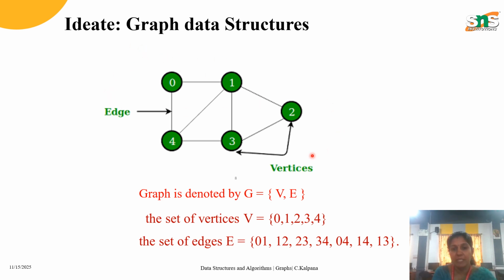So this is the representation of the graph ADT. So here 0, 1, 2, 3, 4, these things we call as vertices, and the line between these vertices represents the connection. So here we call it as edge of the graph. So edge represents the connection between the vertices, and vertices store the exact data.